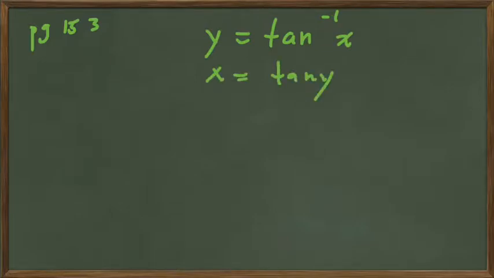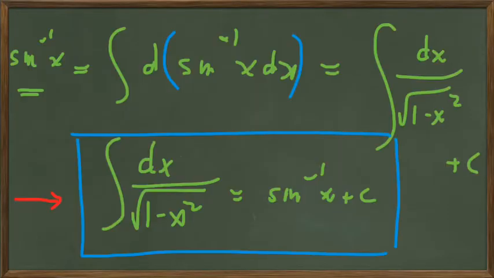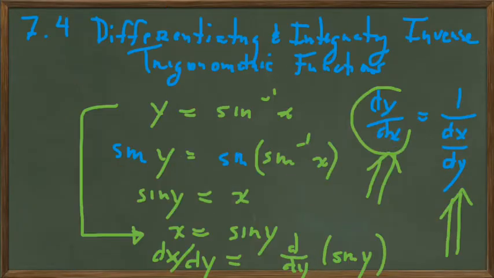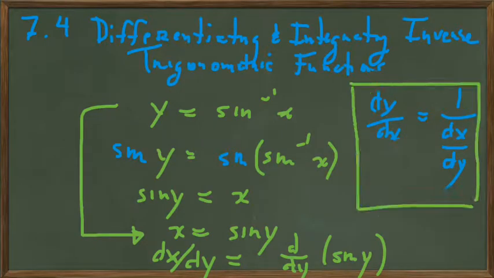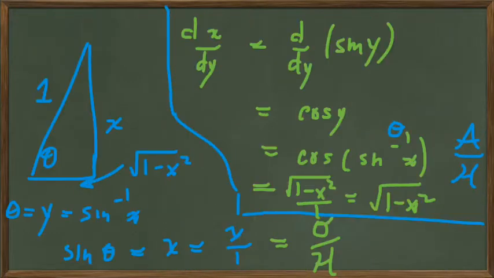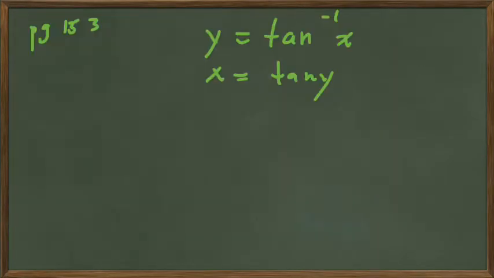We use that same formula that we had from before, that dy dx is 1 over dx dy, and so we're going to find dx dy, and then our dy dx that we want to find is just going to be the reciprocal of that.